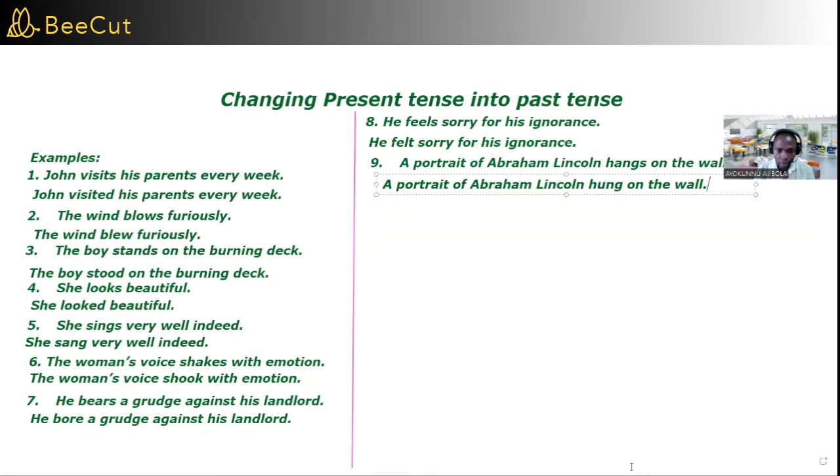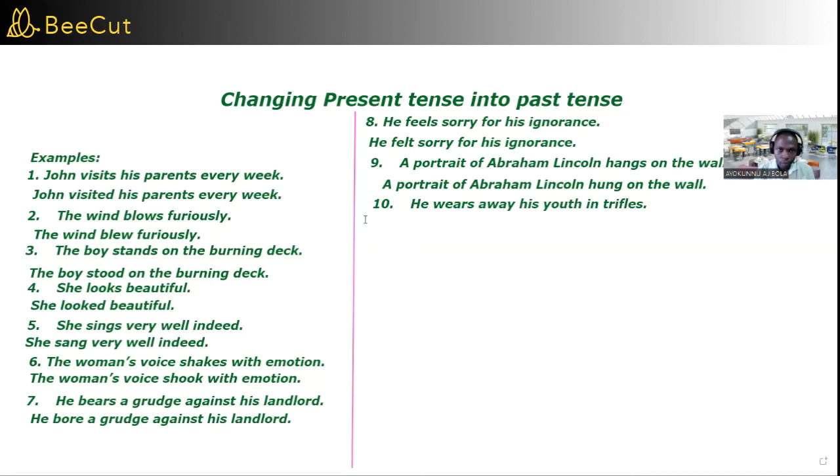And number 10. He wears away his youth in trifles.